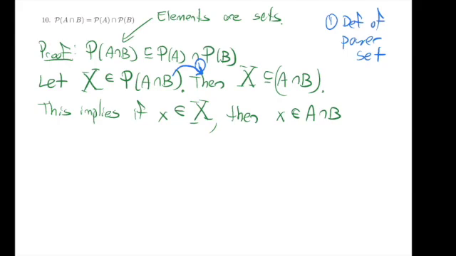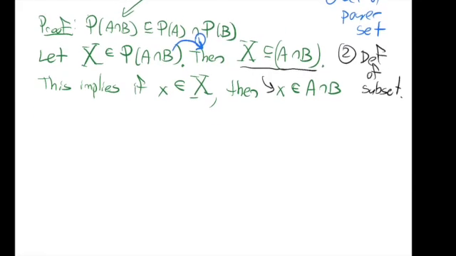And going from this sentence over here down to this sentence over here, this is the definition of subset. That means any element in X has to be in A intersect B. I think we're pretty good to go from this point.